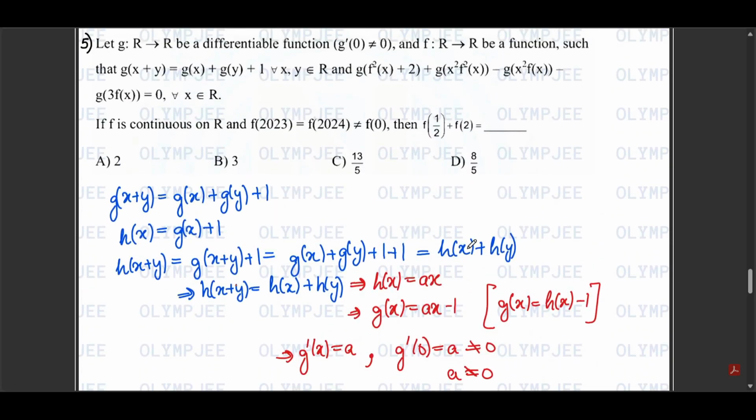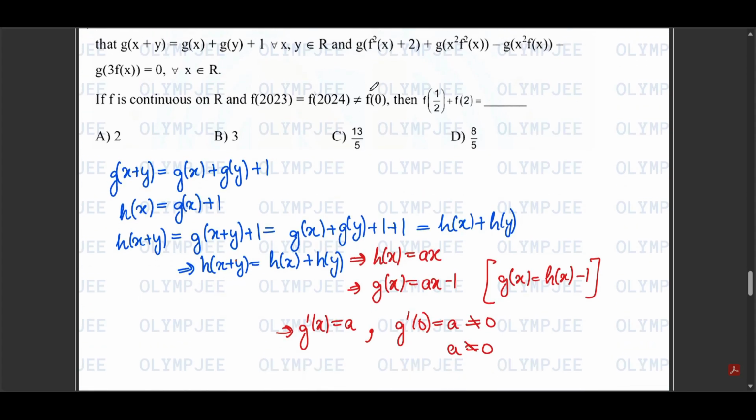Now we are given this relation between g and f. So I am replacing g everywhere by ax minus 1. So this is x here, right? Because the thing inside the bracket is assumed to be x.